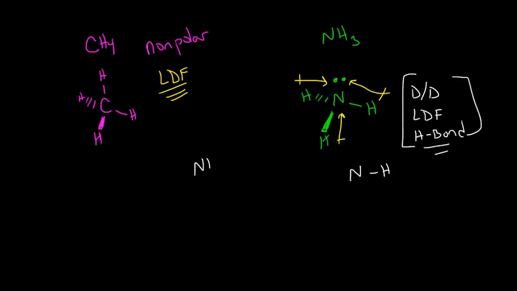So ammonia has stronger intermolecular forces than methane because hydrogen bonds are stronger than London dispersion forces. So we would predict the boiling temperature and the melting temperature of ammonia to be larger than the boiling temperature and the melting temperature of methane.